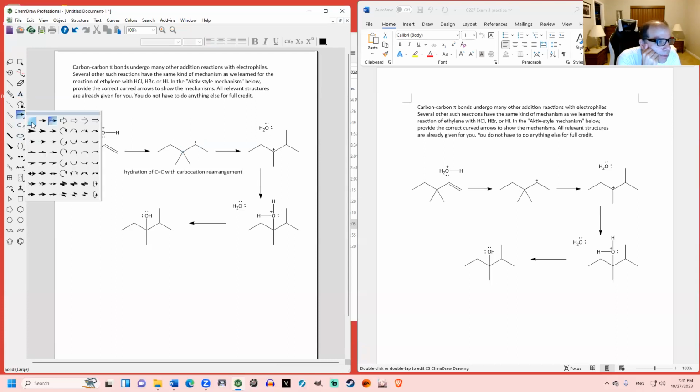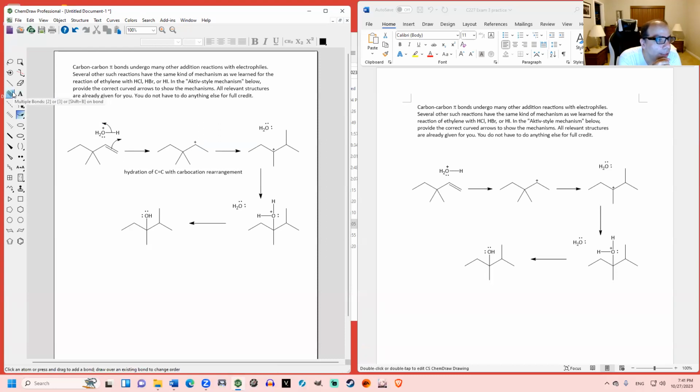So in the first step, the double bond shifts out in this direction and picks up the proton from H3O plus, and leaves a water molecule behind. That gives us this carbocation. And then we got to get from this carbocation to this carbocation.